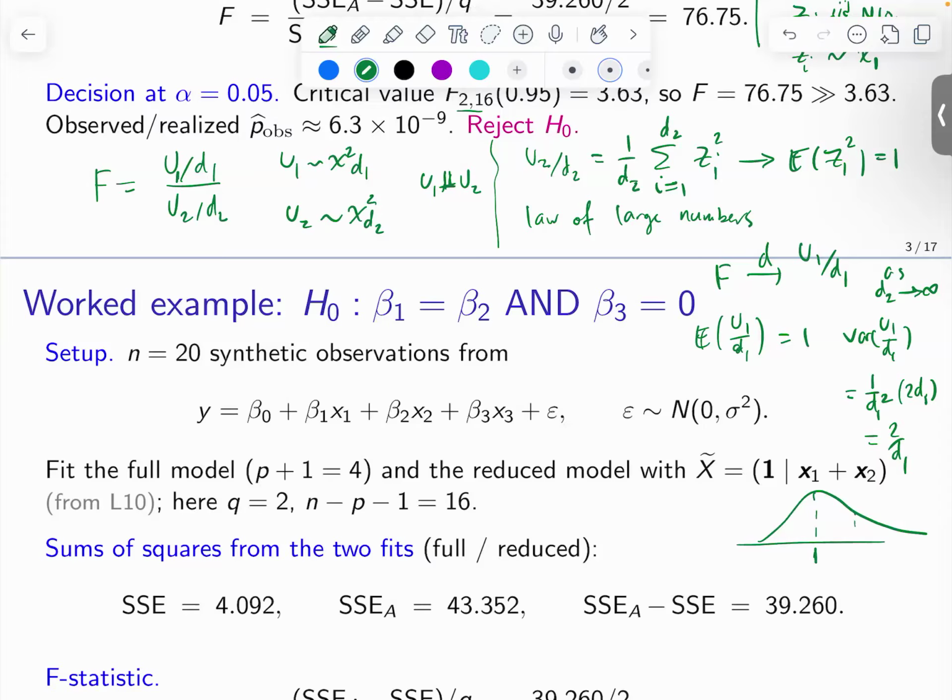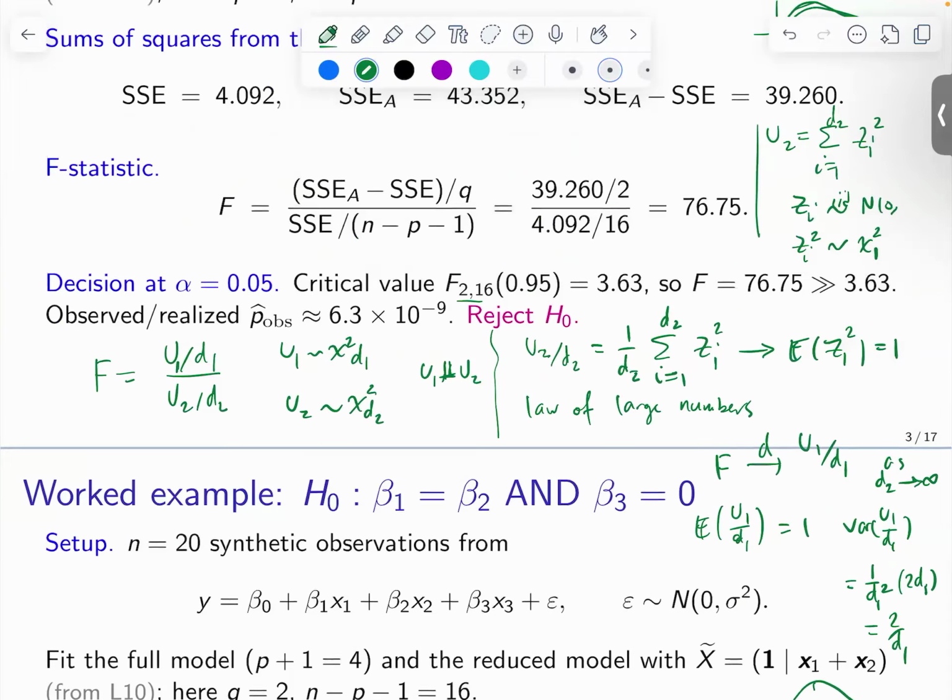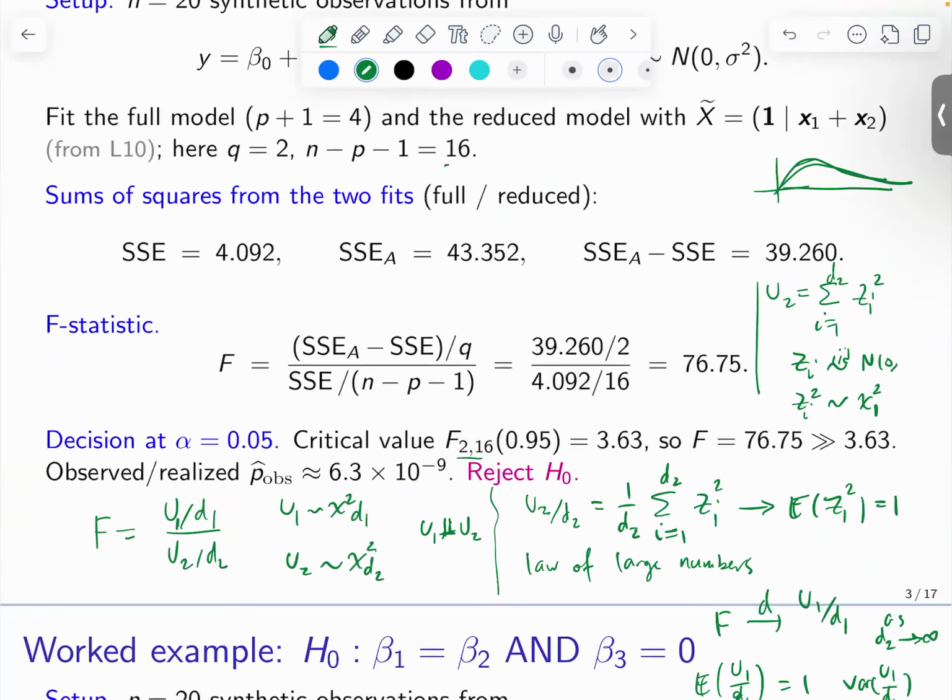And if you go 1 standard deviation, it would be 1 plus or minus the square root of 2 over D1. So for large values, if you want to do an approximation, whether 16 is large enough for this asymptotic argument to hold is debatable, but it gives you a rough idea.